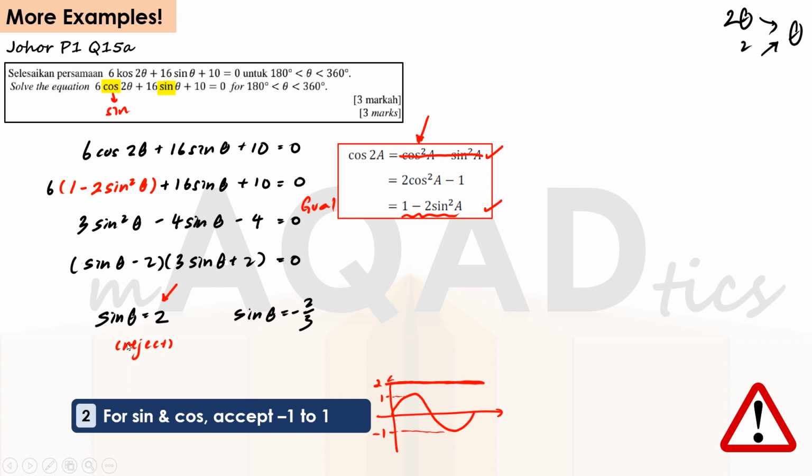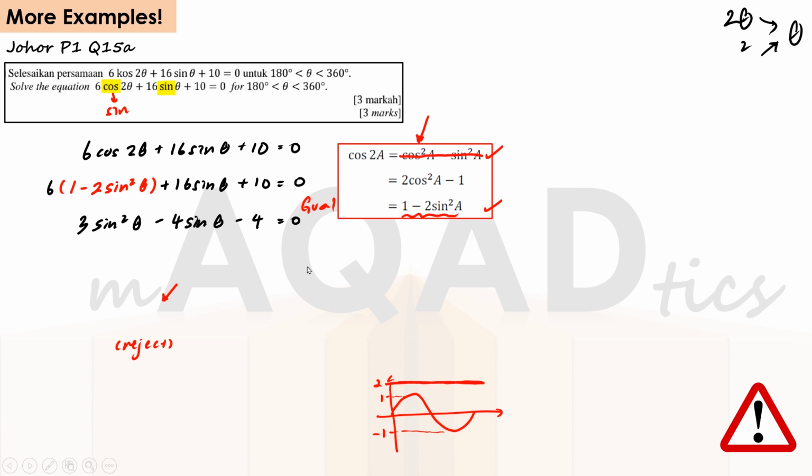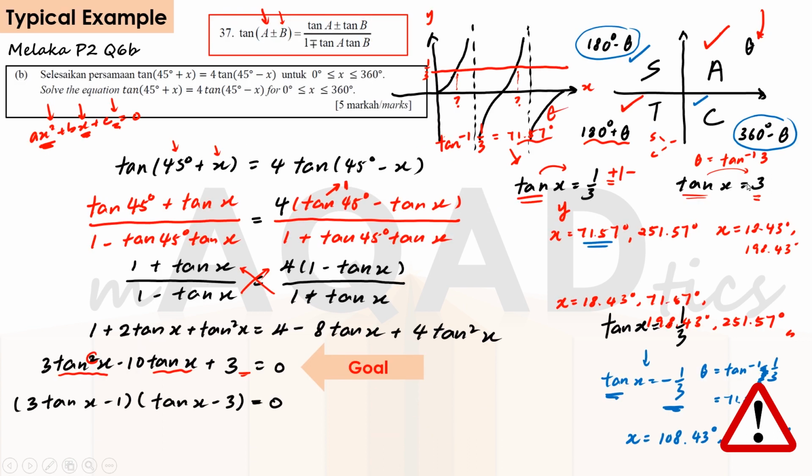So for this one, we should reject straight away. So we will only accept values from -1 to 1 for sine and cos only. If you look at the previous question, tan has already exceeded the value, but tan we can have, because for tan the graph goes to infinity. It has a value at 3.